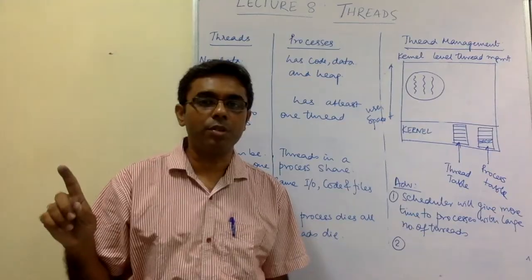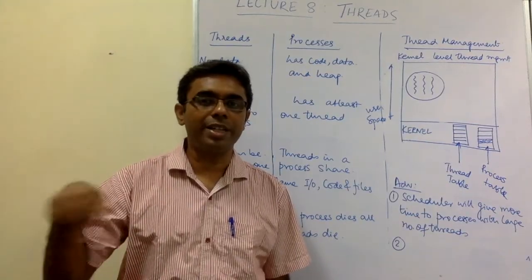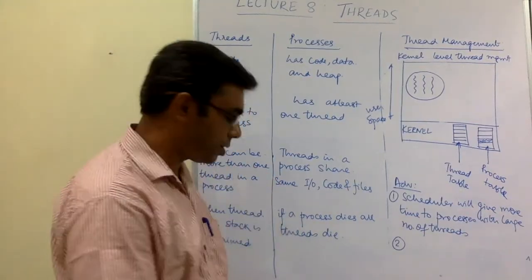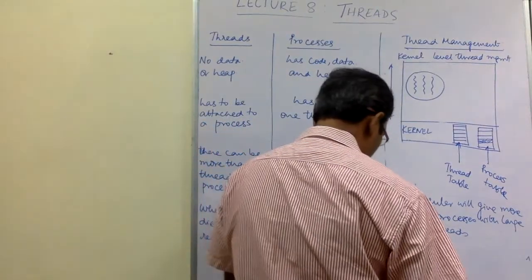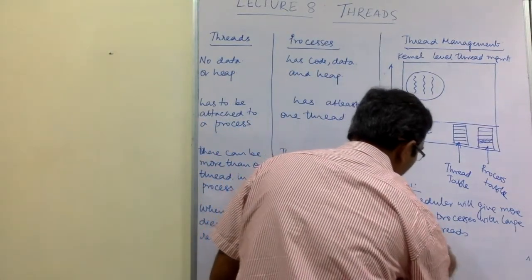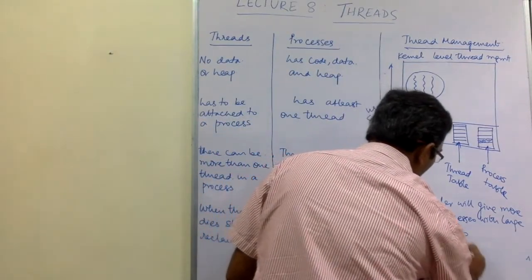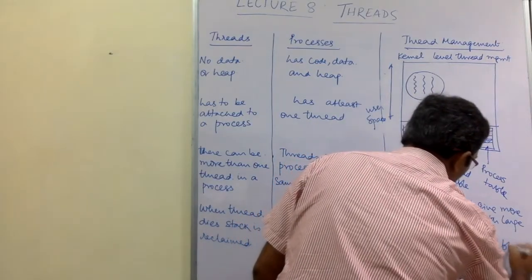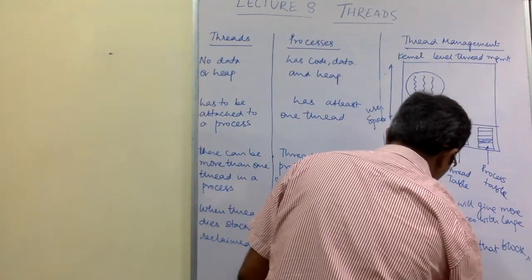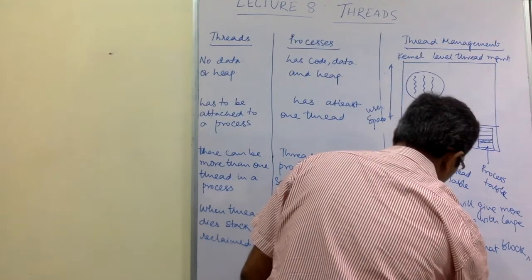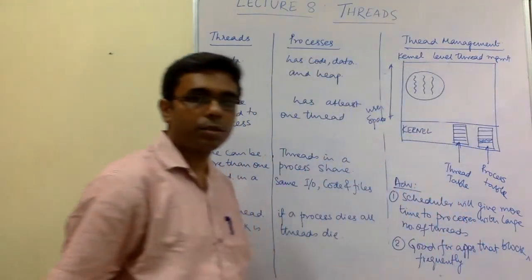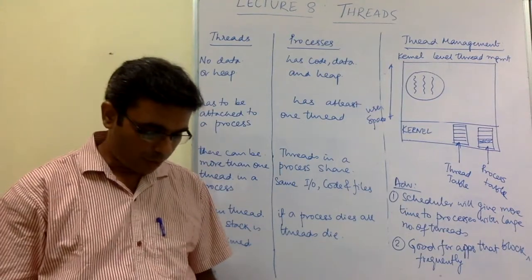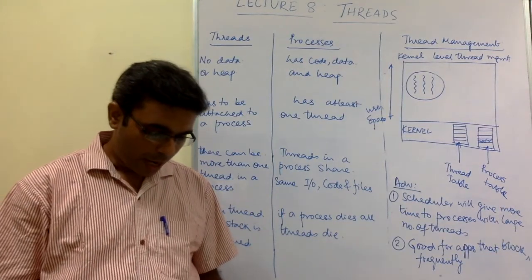Even if one thread blocks, the kernel may allow the second thread to proceed. So this kind of approach is good for applications that block frequently.